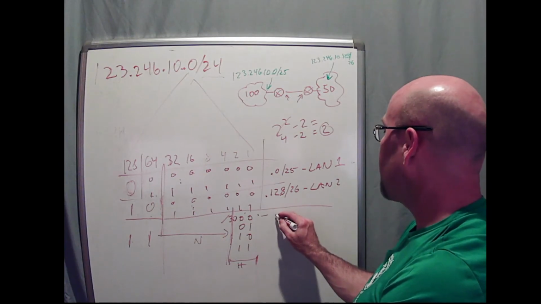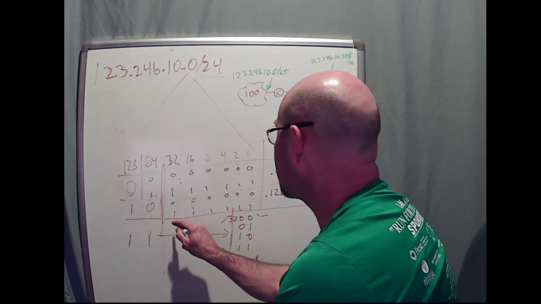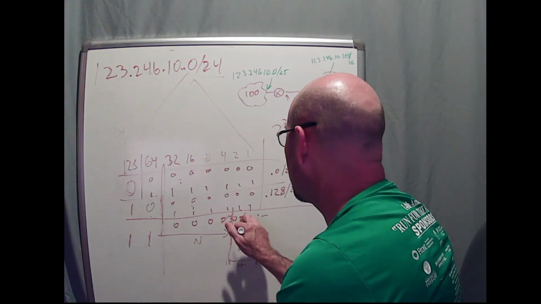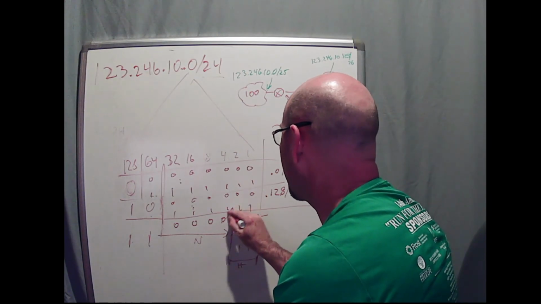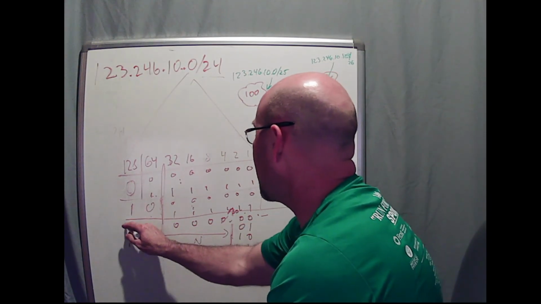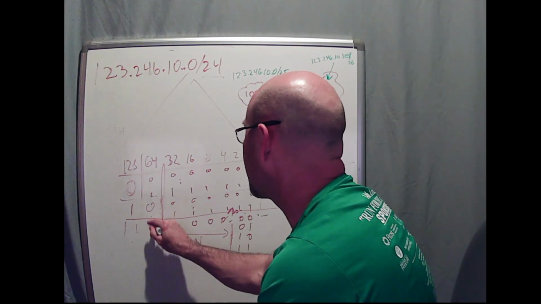The first one is the network ID. And when adding this up all the way across, I'll draw the /30 a little bit higher than that. When you add these up, I'm going to draw these a little bit smaller to make them in line.